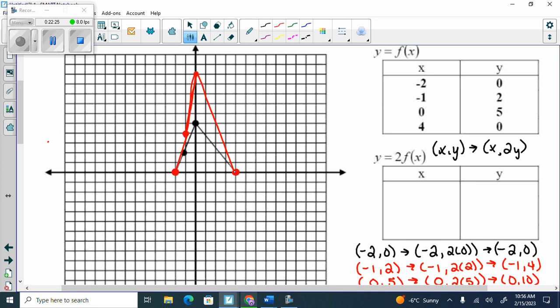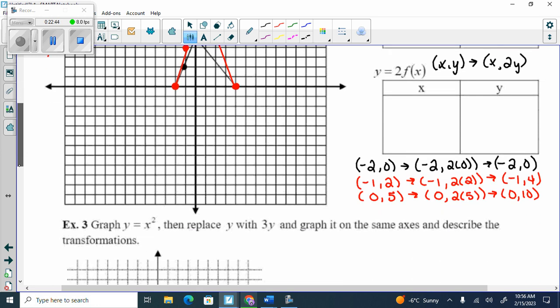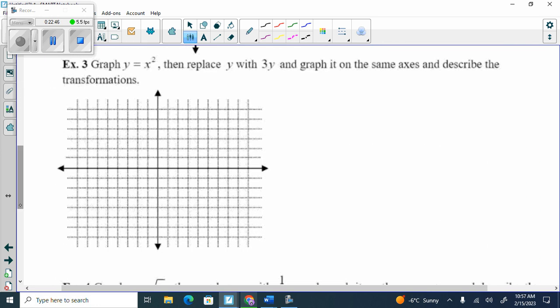And we're going to do example 3. Example 3 says graph y equals x squared. So we're going to do that first. Y equals x squared. You could type it into your calculator, right?